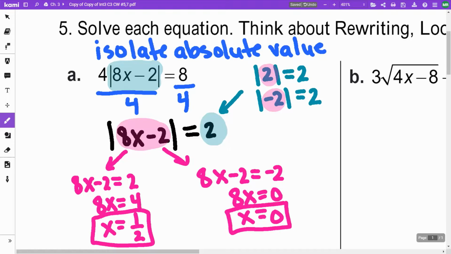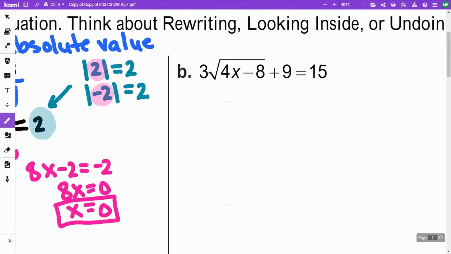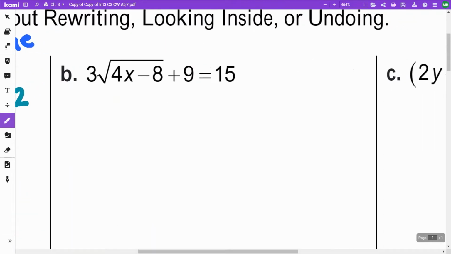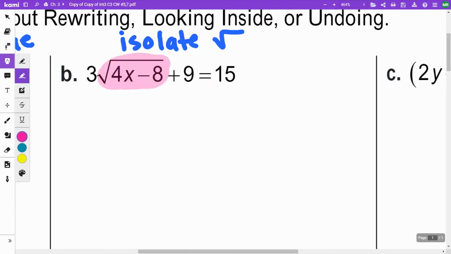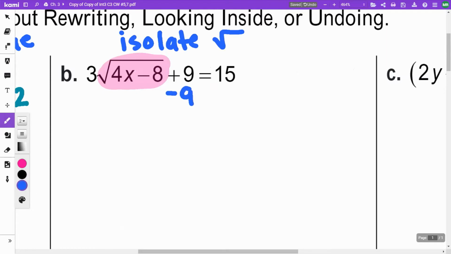On B, this problem is a square root. So just like with our absolute value, we are also going to isolate the square root. So I want to get this square root of 4x minus 8 by itself. First thing I'm going to do, minus 9.